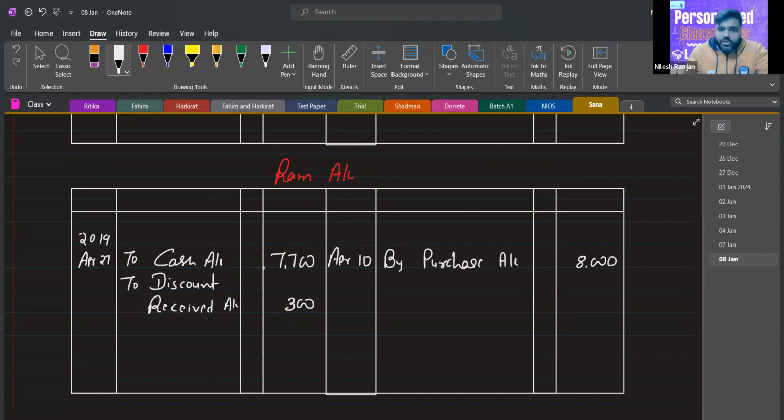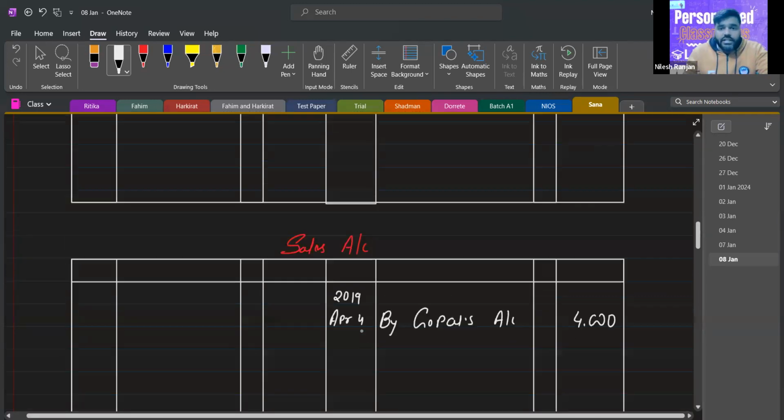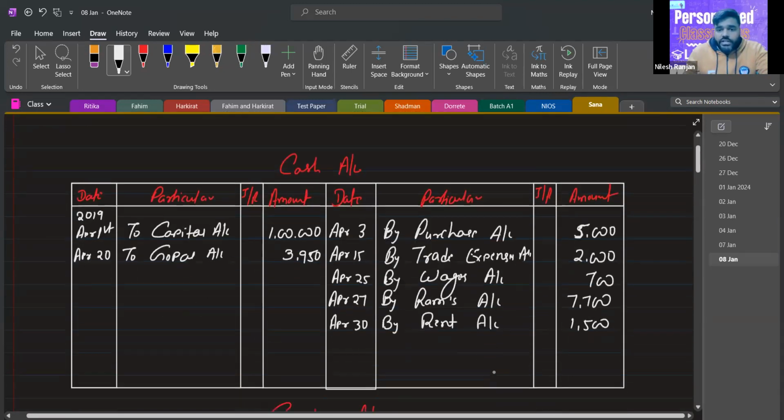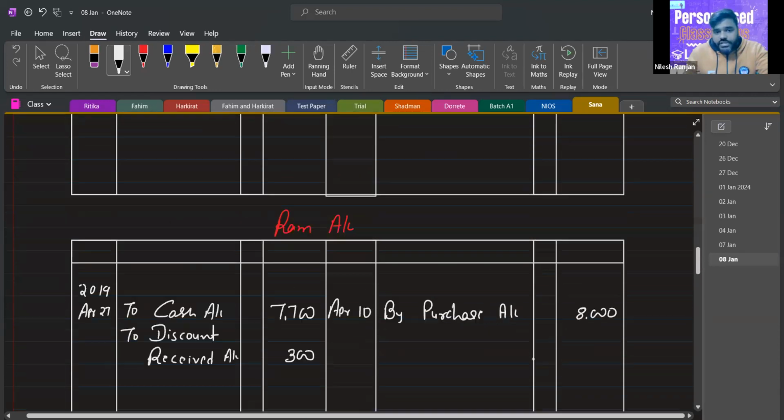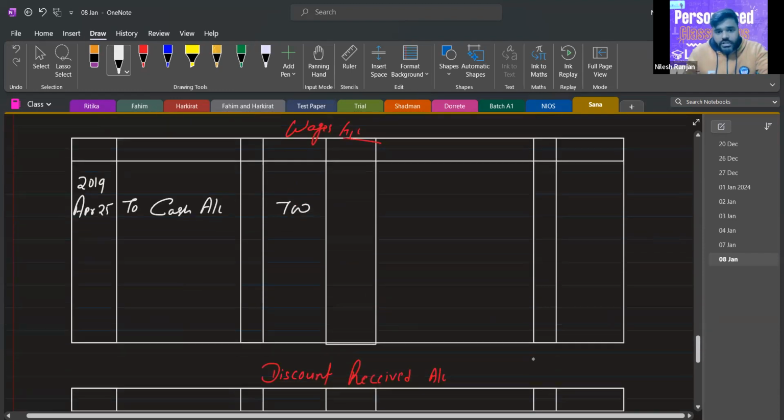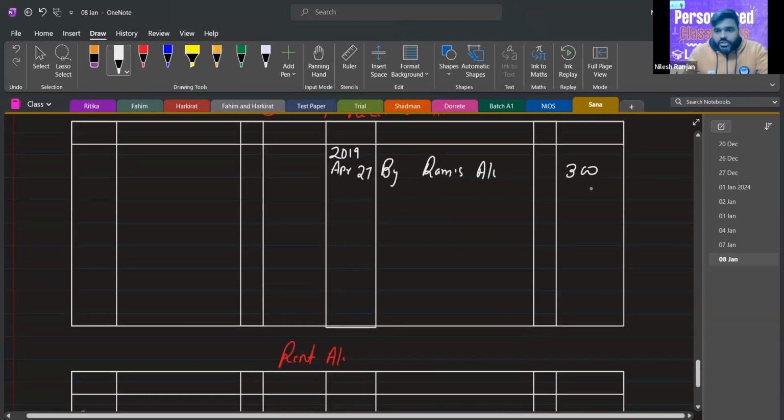In cash account, it will be 7,700 on the credit side. In discount received account, 300 on the credit side. So in cash account here, it is by Ram's account 7,700 and in discount received account, it will be on the credit side by Ram's account 300.